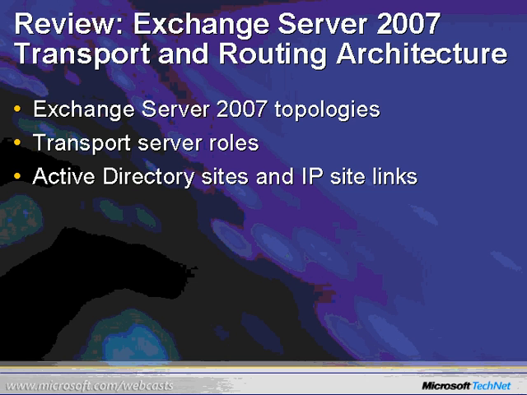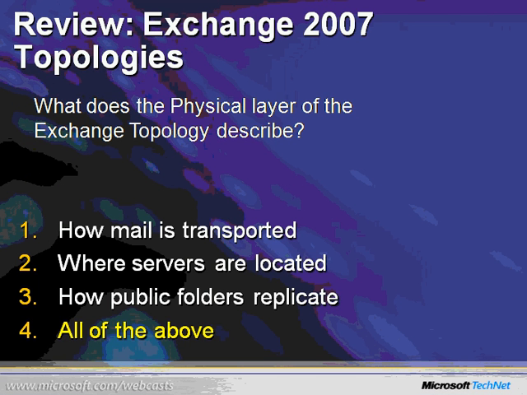If you attended Wednesday's session, we covered transport and routing architecture. So let's just take a look at the 6 review questions that actually came up from Wednesday's session. I'm not going to ask you in a poll slide, but I'm going to take just a few minutes and review what we talked about there.